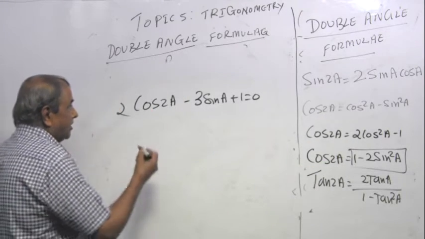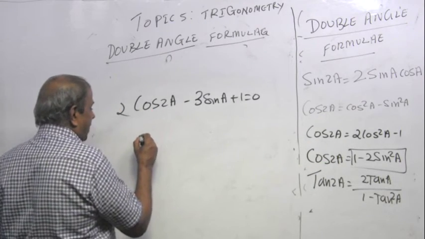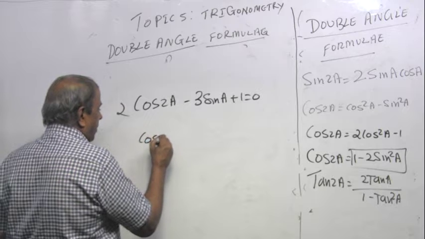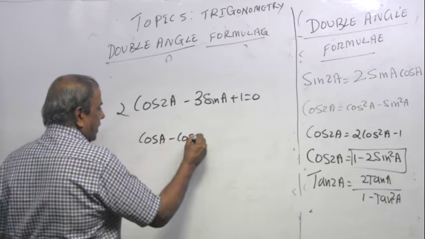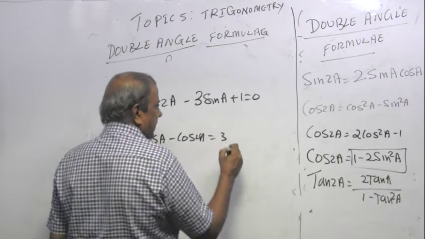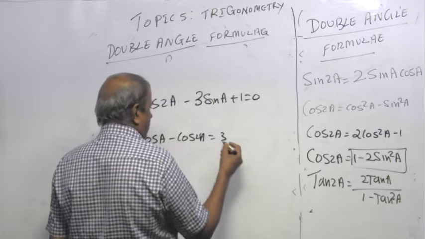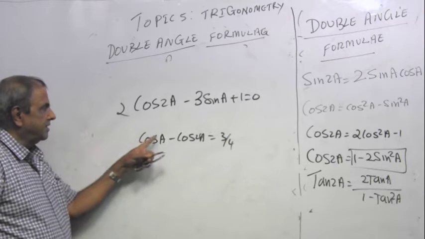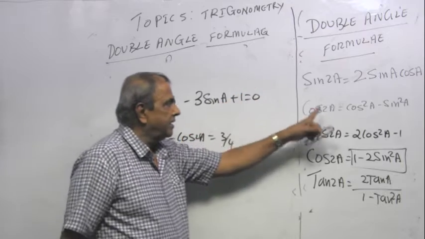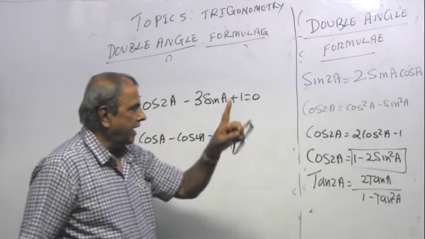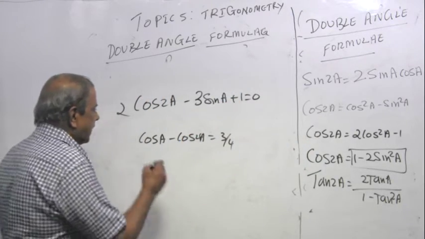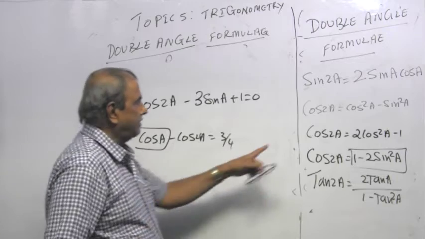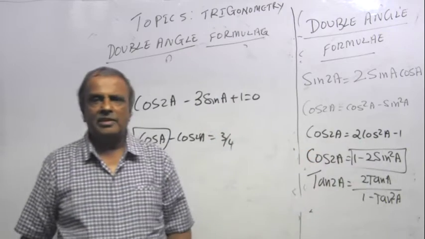Whereas I could have had cos a minus cos 2a equal to 3 over 4. Once again, I can write cos 2a as any of those, but I have a cos a, so I will use everything in terms of cos.